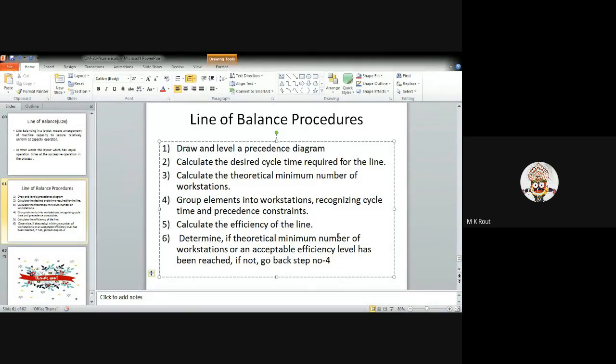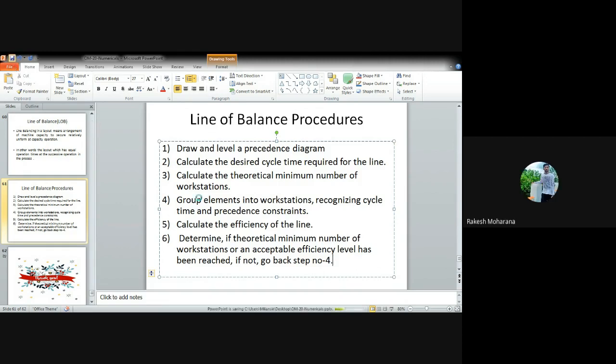The next is group the elements into workstations, recognizing cycle time and also the precedence constraint. The next is calculate the efficiency of the line, and the last one is determine whether the theoretical minimum number of workstations or acceptable efficiency level has been reached. If it is not reached, then go back to step number 4, that is group the elements into workstations, recognizing the cycle time and precedence constraints. Is it clear to all?